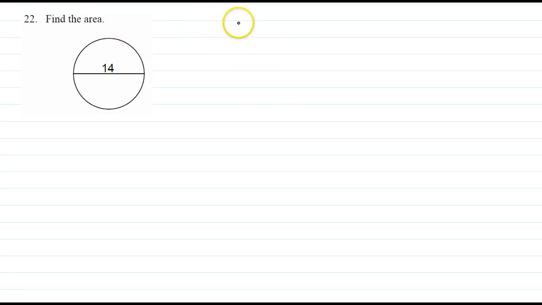Alright, for 22 we're going to find the area. So pi r squared. Here the radius goes from the center to the edge, and they gave us 14, which went all the way across the circle.